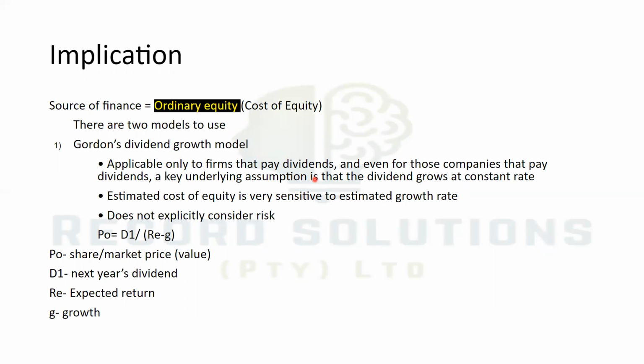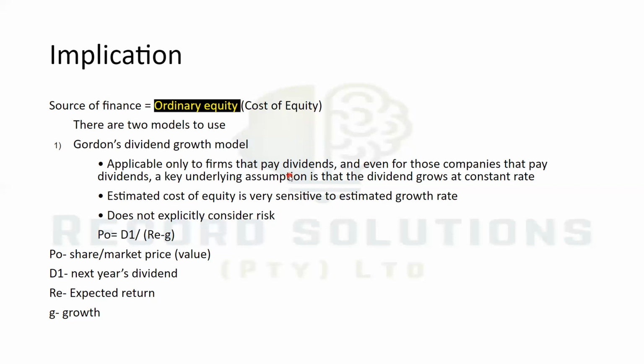Other sources of finance have one formula for each cost. It's only the cost of equity that has more than one formula, and you have to motivate why you're using this formula over the other. Most of the time it is as easy as they just give you information relating to one formula, then you know what formula to use immediately. But if you have to choose, this is how you choose.